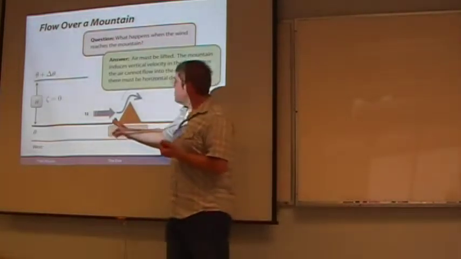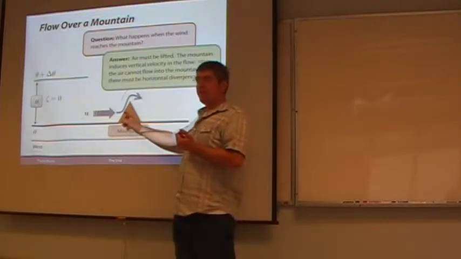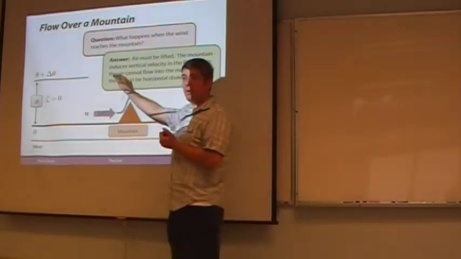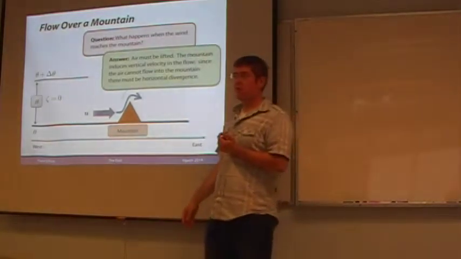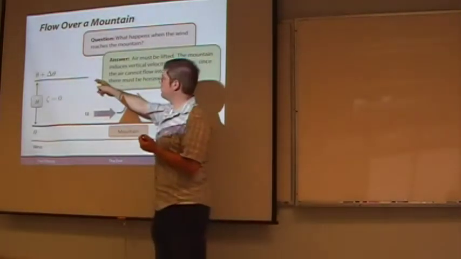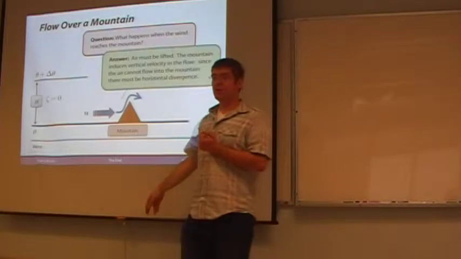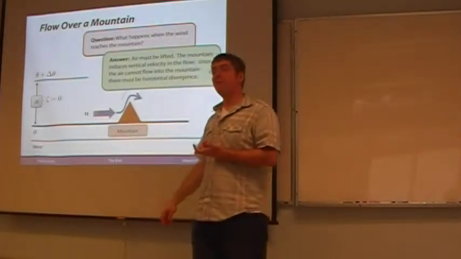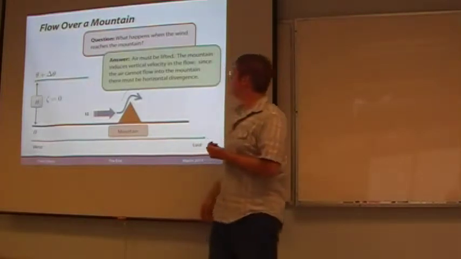Namely, when you have a mountain, the air is lifted as it passes over the mountain. This has a tendency to push up the tropopause, or the surfaces of constant potential temperature above that mountain, and hence leads to stretching of the fluid column as it passes over the mountain.